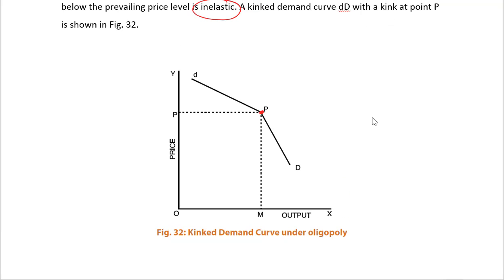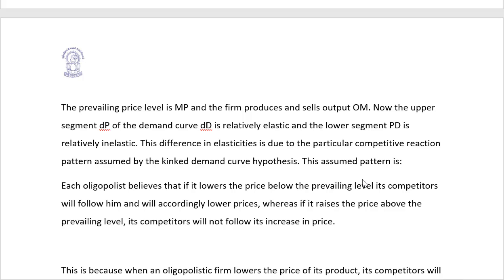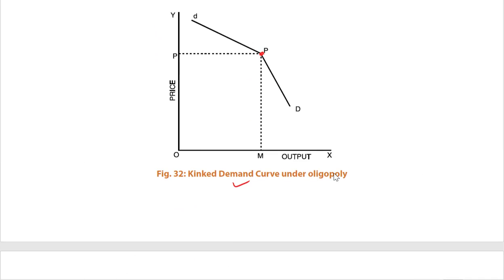Just see it properly. Kinked demand curve under oligopoly. The prevailing price level is MP, and the firm produces and sells the output OM. Now the upper segment DP of the demand curve DD is relatively elastic, and the lower segment is relatively inelastic.